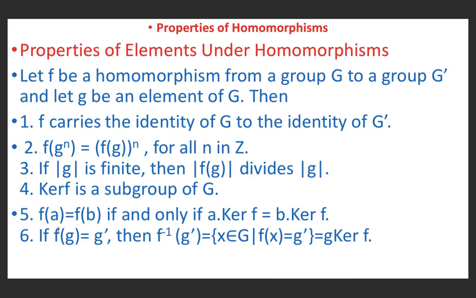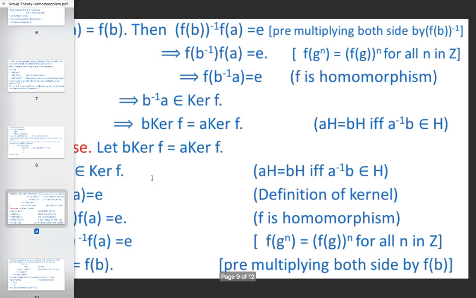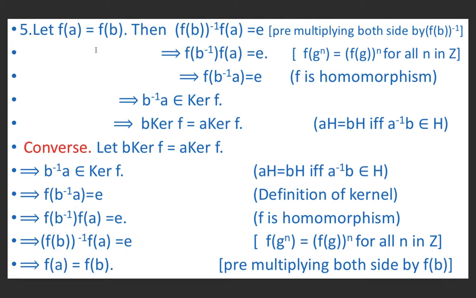Now the next property is: f(a) equal to f(b) if and only if a kernel f is equal to b kernel f. Let f(a) be equal to f(b). It means if we multiply both sides by f(b)^-1, we get f(b)^-1 into f(a) is equal to f(b)^-1 into f(b).